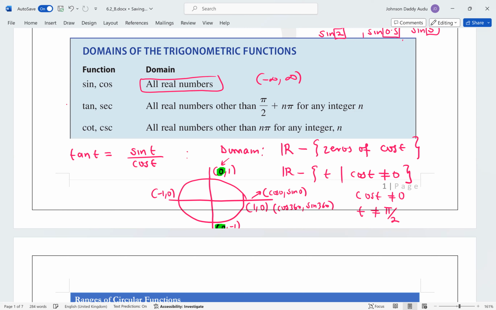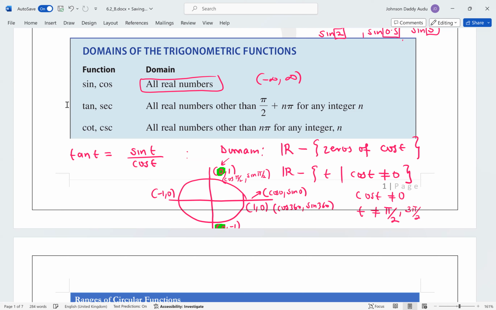Remember, the first component is cosine. So this is like cosine 90, which is cosine pi over 2, and sine pi over 2, right? Okay. And also, if you come down here, this is cosine 270. So also, it cannot be 3 pi over 2, right?